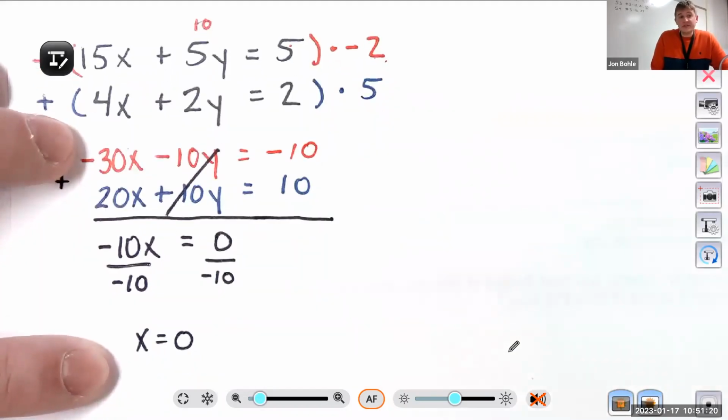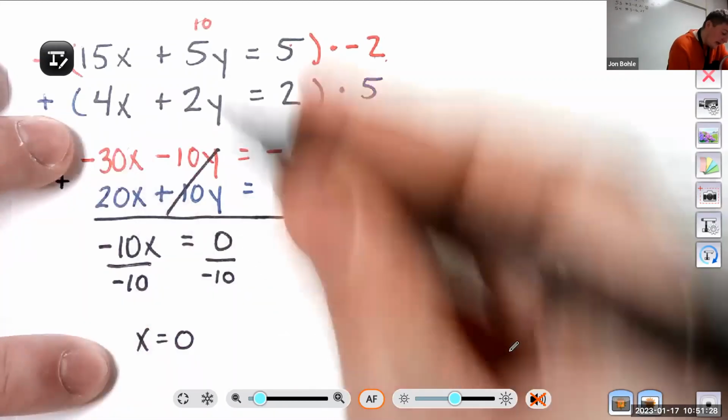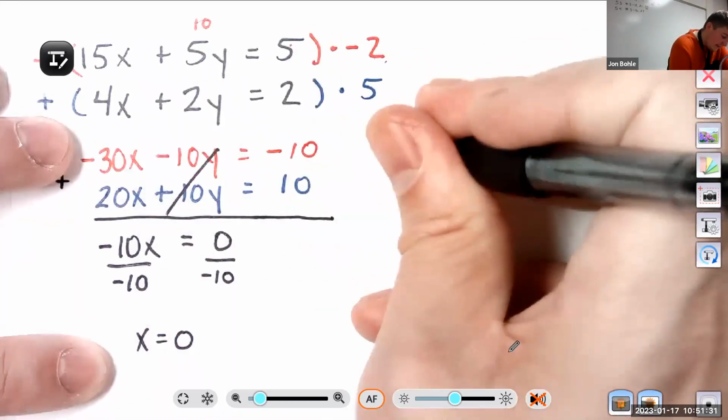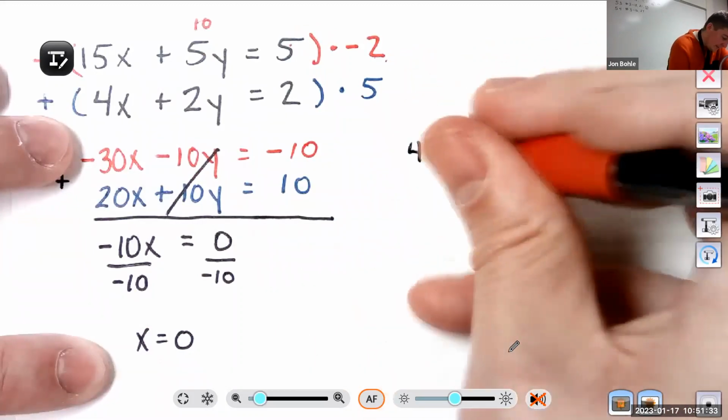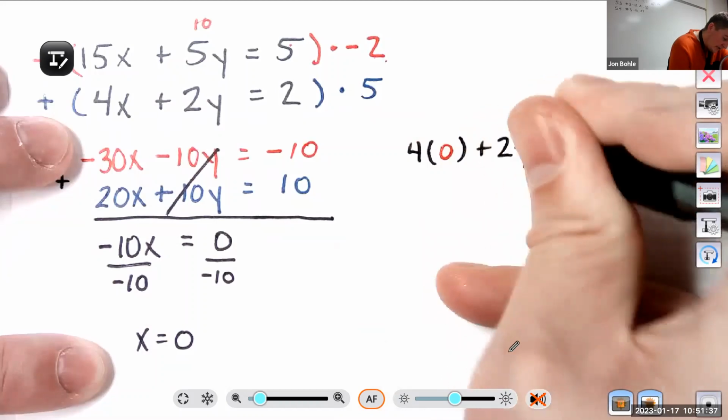And then, like I said, this turns into the same type of problem we've had over and over again. It's just the starting point might be a little different. We're going to take that x value and plug it in. I'm going to use the bottom one, just because the numbers are smaller. 4 times 0 plus 2y equals 2.